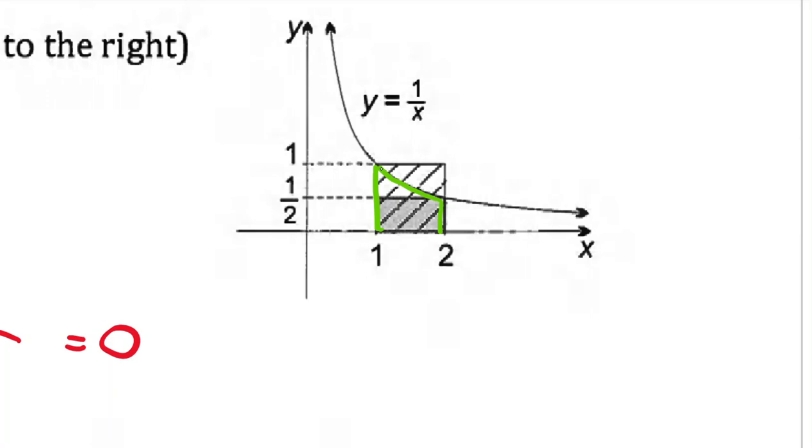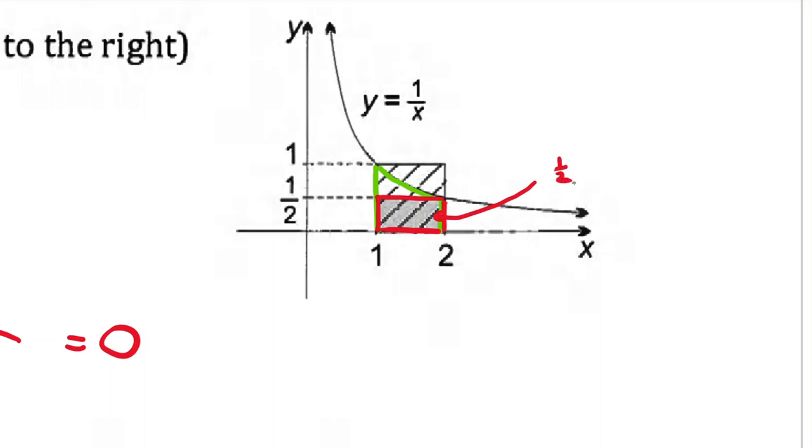Okay? Now, using the rectangles, if I make a smaller rectangle, that one there, the smaller approximation for that area would be A equals BH, the base is 1, and the height is a half. Okay, so 1 times a half is a half. The area of that red rectangle is a half.